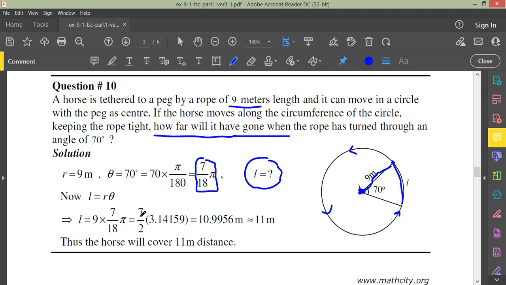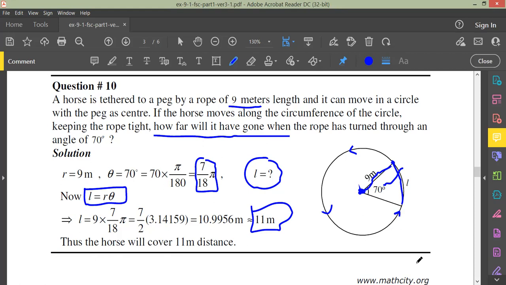So we know that L is equal to r theta, the value of r is equal to 9, and the value of theta is equal to 7 pi over 18. So this will give the final answer. The horse covered 11 meters. Thus the horse will cover 11 meters distance.